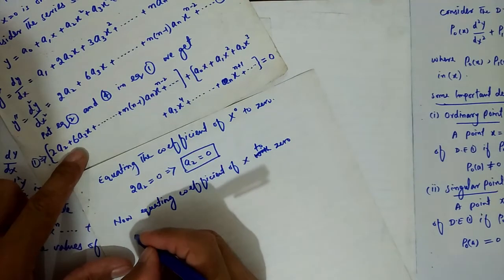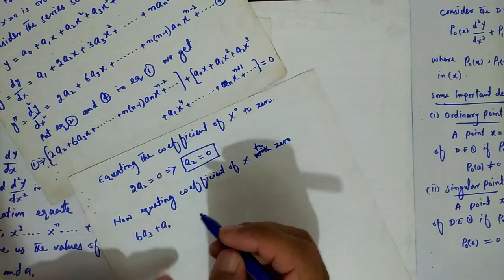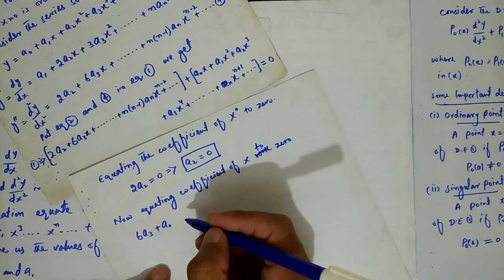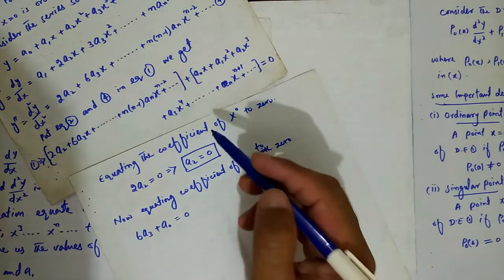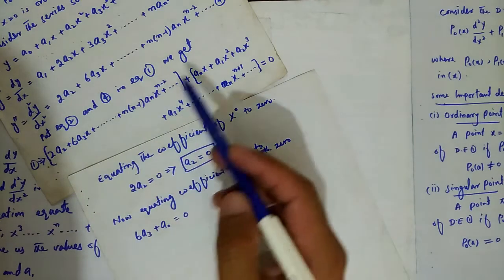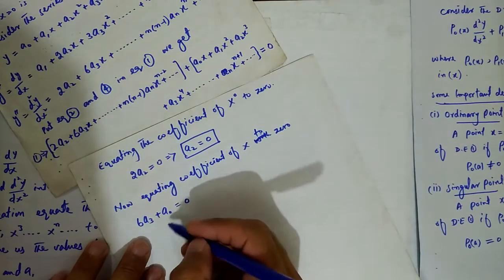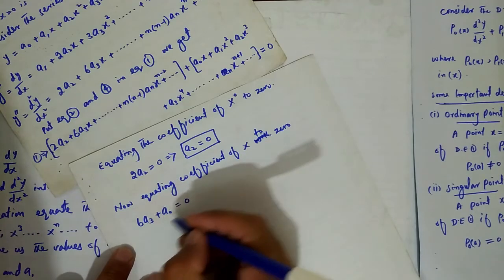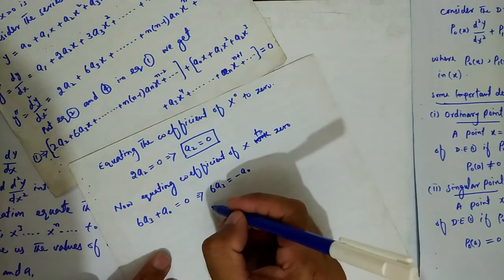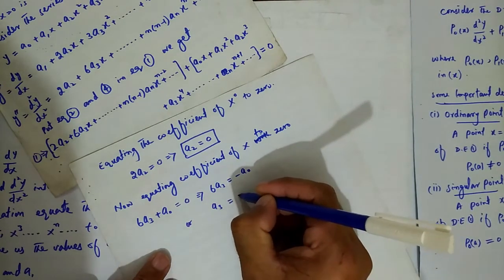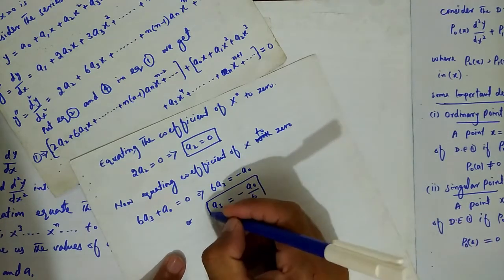So therefore 6a3 plus a0 is equal to 0, because here we have 6a3 and here we have a0, and by equating it to 0, this implies that 6a3 will be equal to minus a0, or a3 is equal to minus a0 divided by 6. So this is a3.